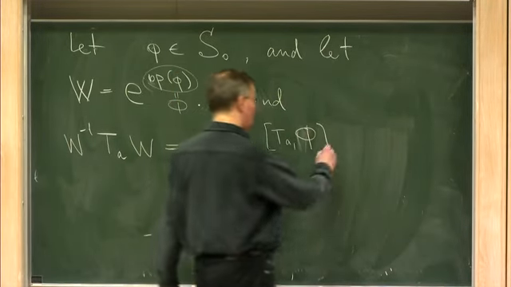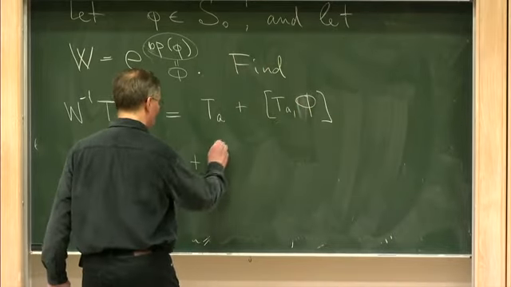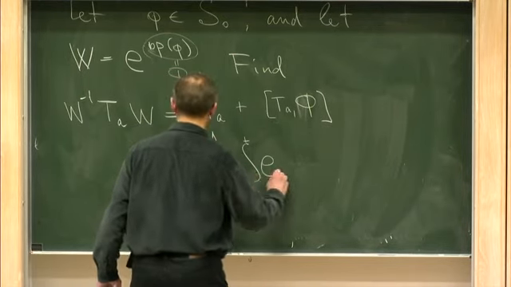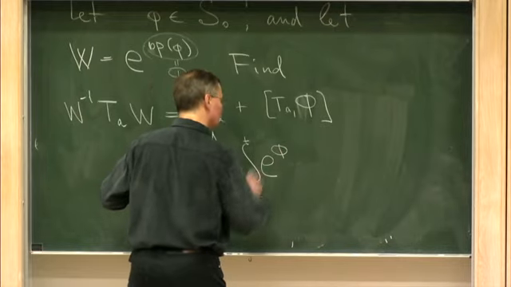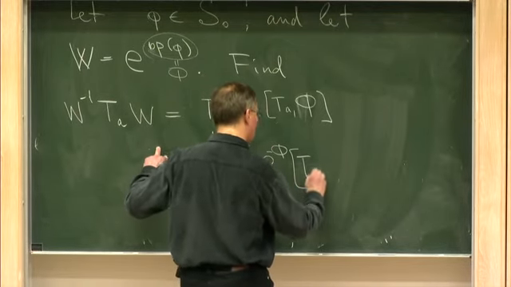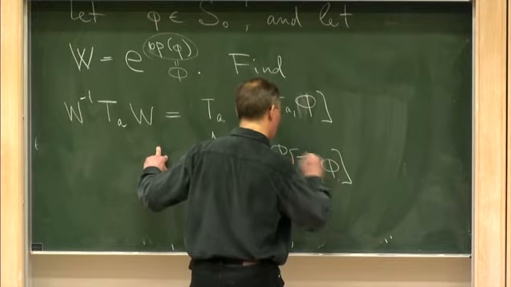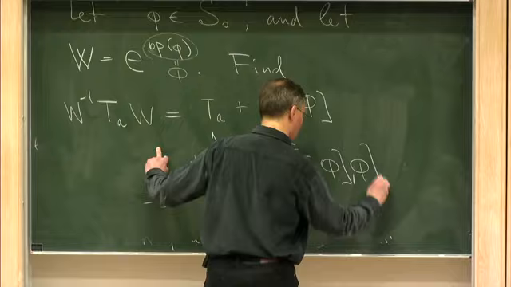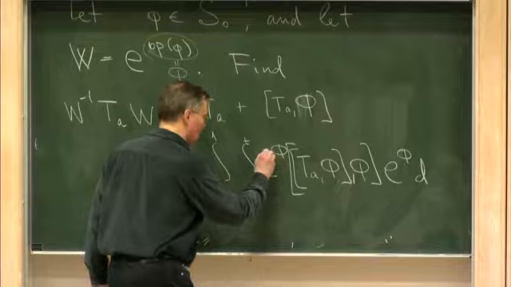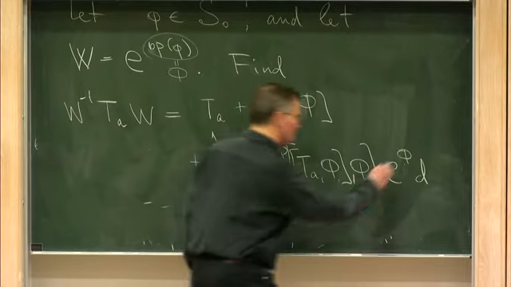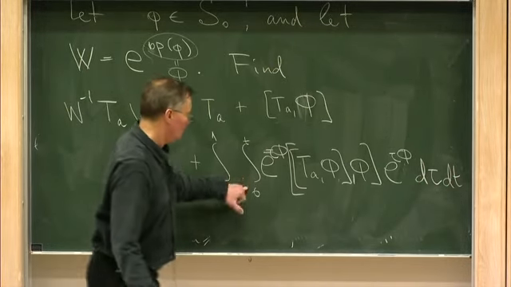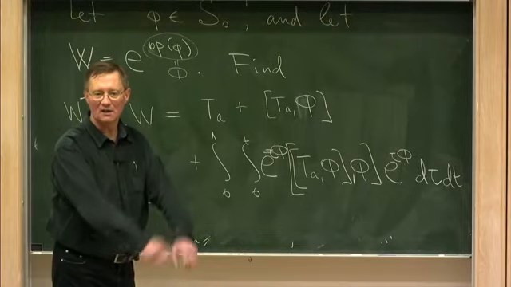And the last bit is the double integral. Phi with minus, and inside we have the double commutator. There is another variable, and we integrate in this variable up to t, and then we integrate in t again.